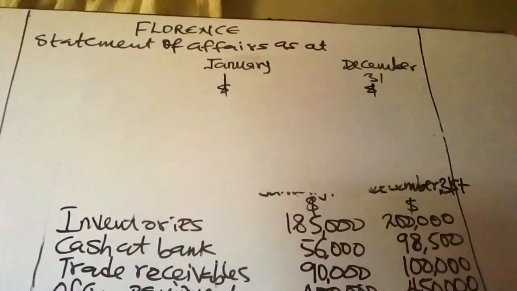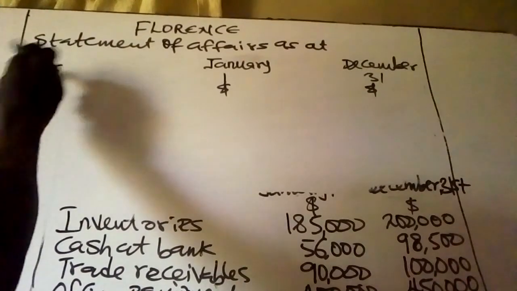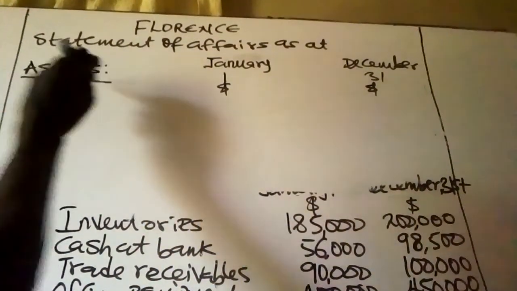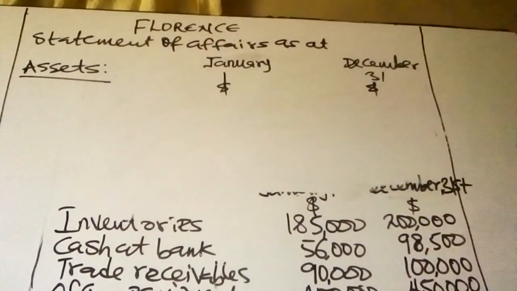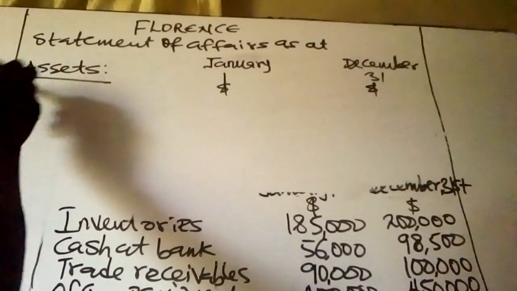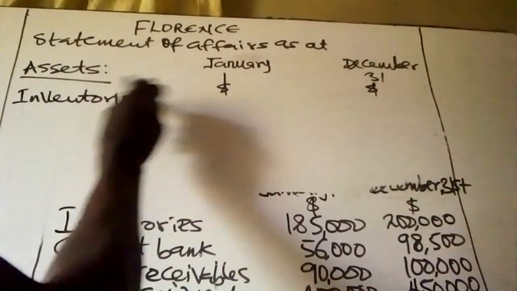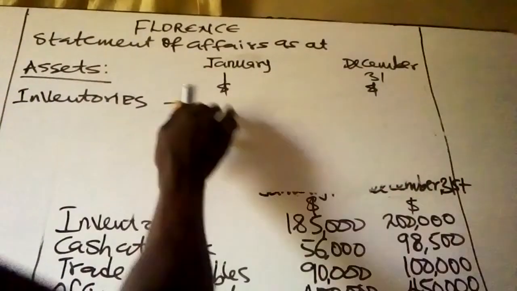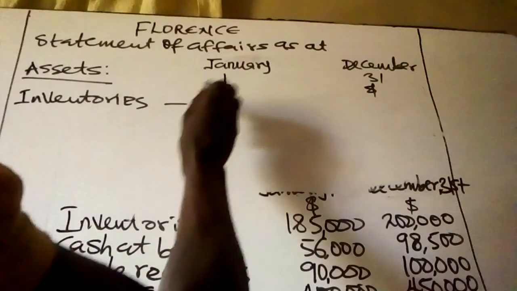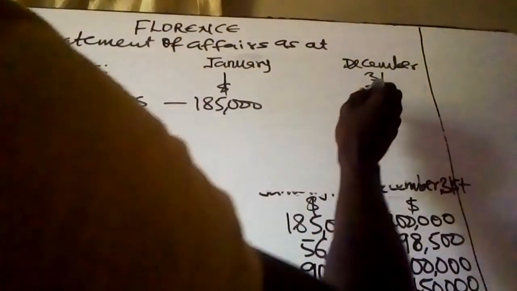Now, you start with the assets. The first asset we have is inventories. The opening is 185,000, and the closing one is 200,000.